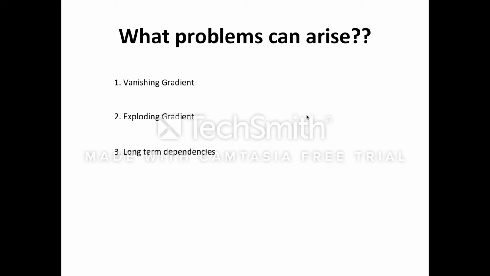The second issue is the problem of exploding gradient. This occurs when the gradient value grows extremely large and it causes an overflow. However, this problem is easily detectable at runtime. The last problem is long-term dependency, and this primarily affects a lot of natural language processing tasks.